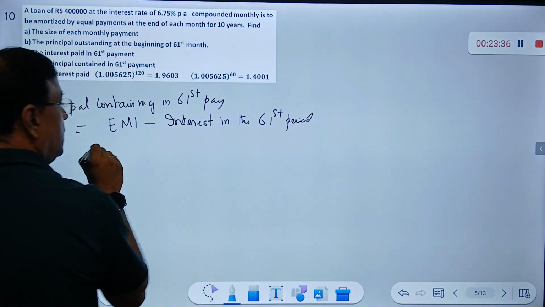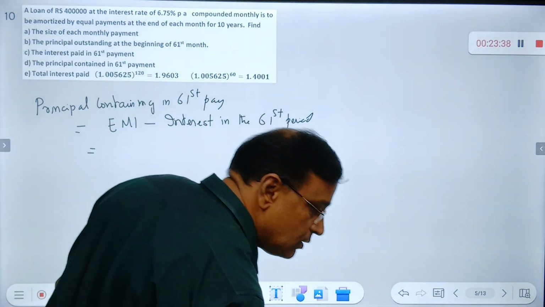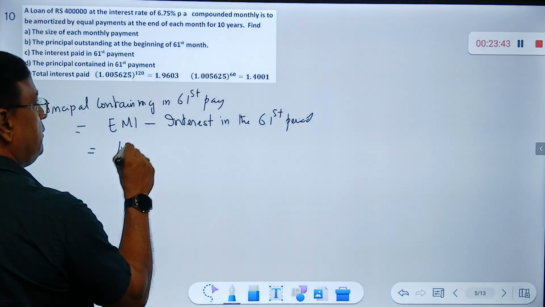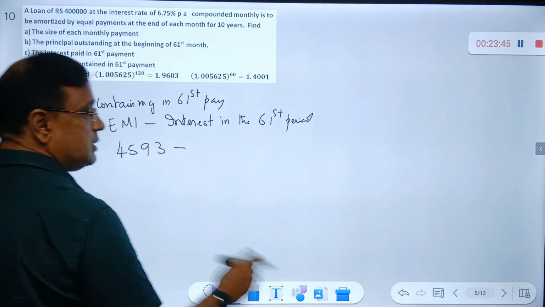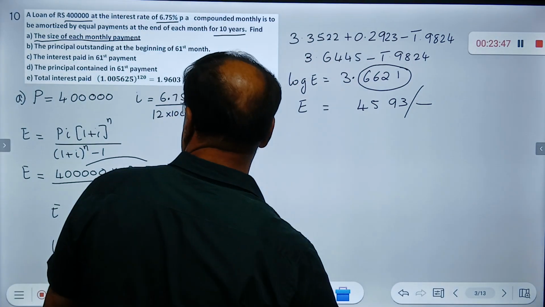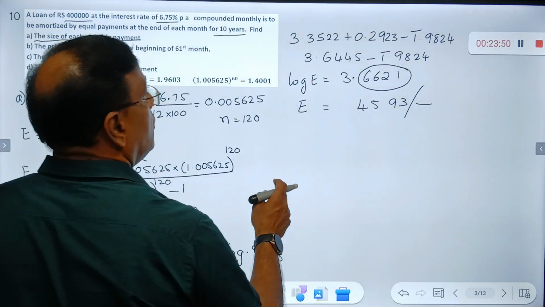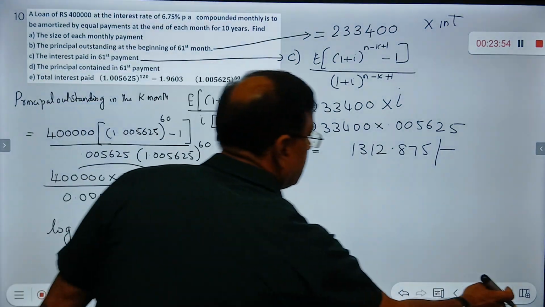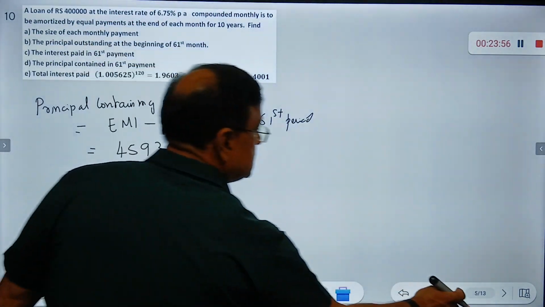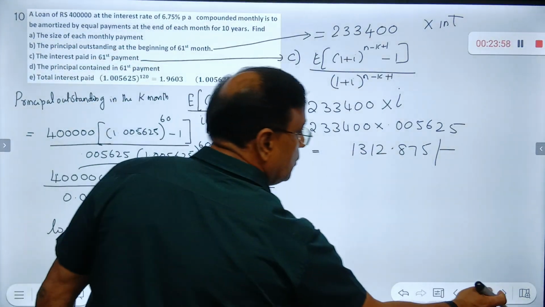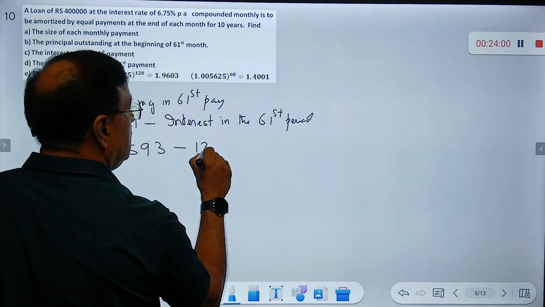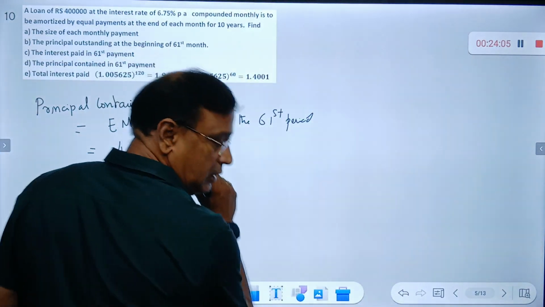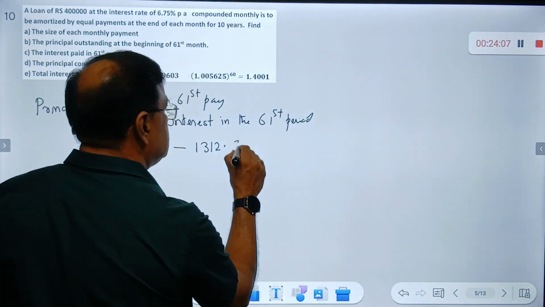EMI I have calculated as 4593. From there I minus the interest in the 61st, which is 1312.86.